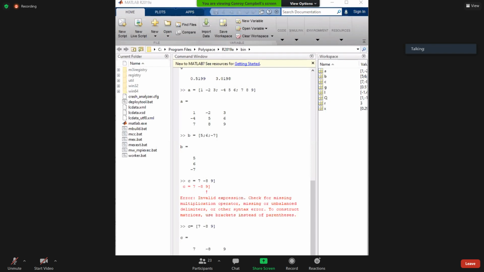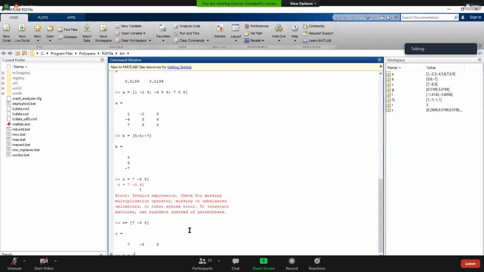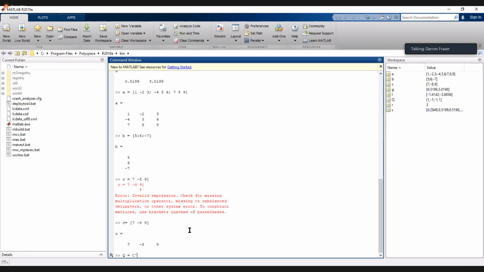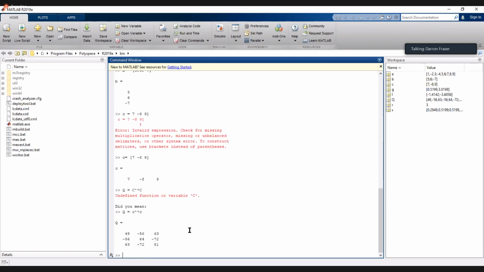So type in Q equals C with the C transpose, which is the apostrophe, times C. Use capital C. All right, but it corrected itself.